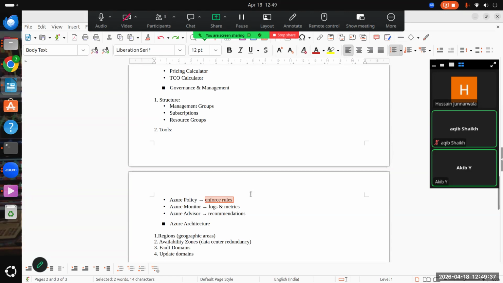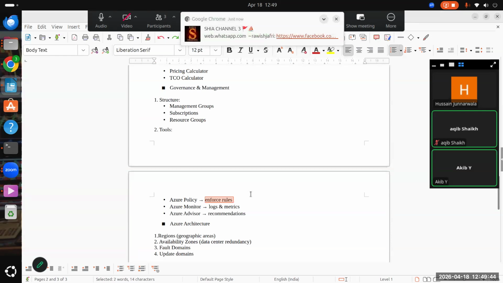Example I gave you: if your users are accessing the Azure portal from different countries, say you have a sales department in Japan and an IT department in India, you enforce the rule that only the Indian region is eligible to create a virtual machine or change its configuration, because the people in sales from Japan are not allowed to make any changes.